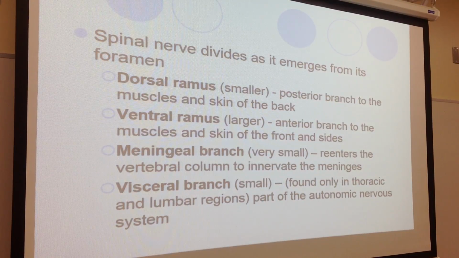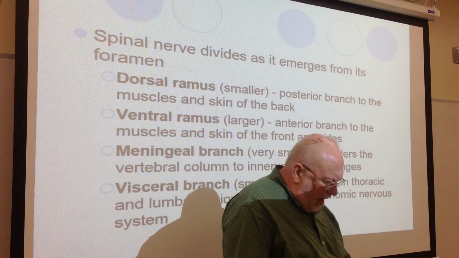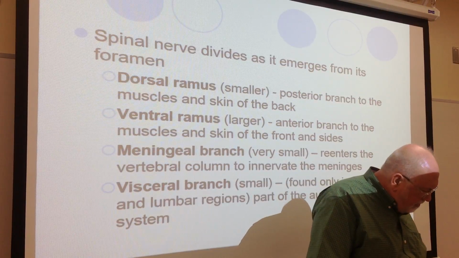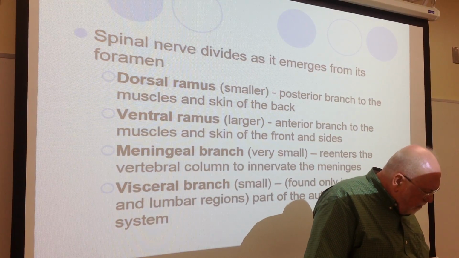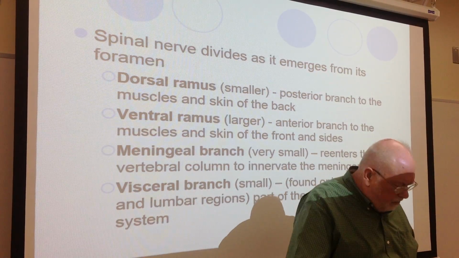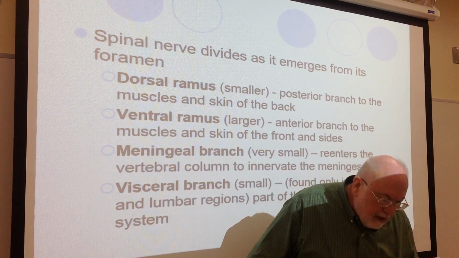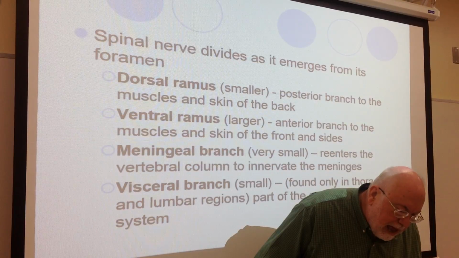It's going to go toward the muscles and skin on the back. Well, that's not a terribly large area. And if you look in figure 19.2 in the older version of the book, or 19.1 in the newer version, you will see the dorsal ramus labeled.